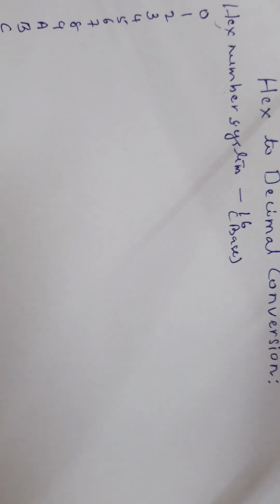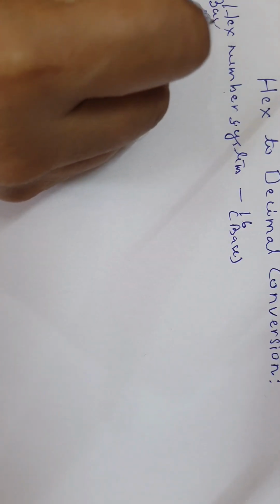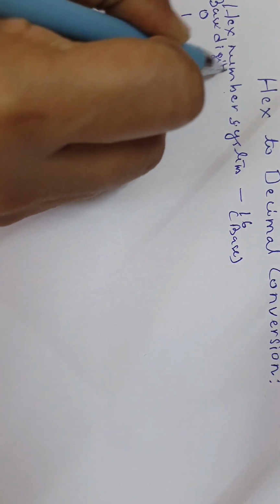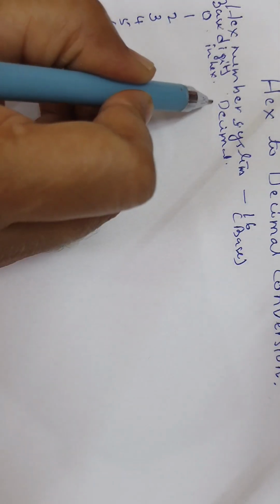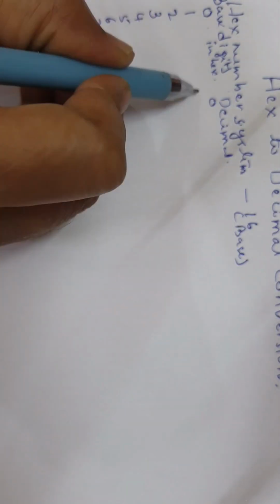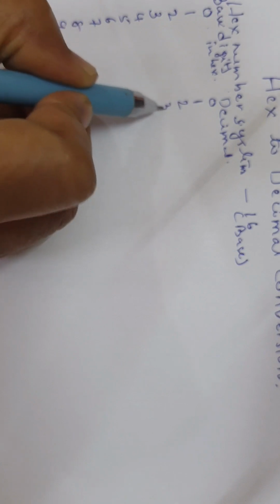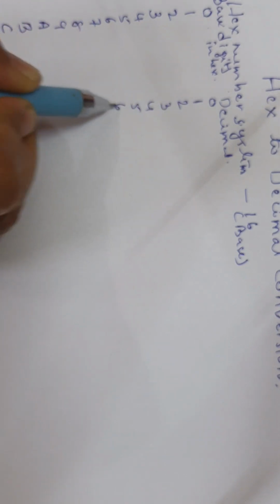So these are the base digits. So in hex, what are their values in decimal? So in decimal, 0 means 0, 1 means 1. So 2, 3, 4, 5, 6, 7, 8, 9.